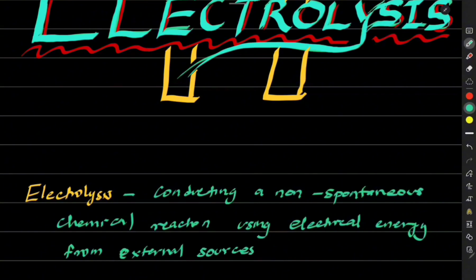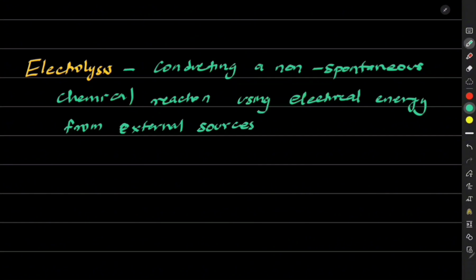In electrolysis, the electrode that is connected to the positive terminal of the external source of electricity is the positive electrode, which is the anode, and the electrode which is connected to the negative terminal is the negative electrode, which is the cathode.